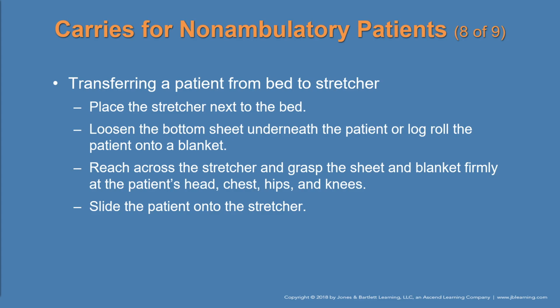Oftentimes you'll have sheets or blankets underneath the patient, and these are great for reducing friction and allowing you to slide the patient over. So we're going to loosen the sheets up from both sides. We're going to have one person pulling on the sheet from the stretcher. We're going to have the other person lifting and sort of pushing the patient from the other side, and they should slide gently right over onto the stretcher.